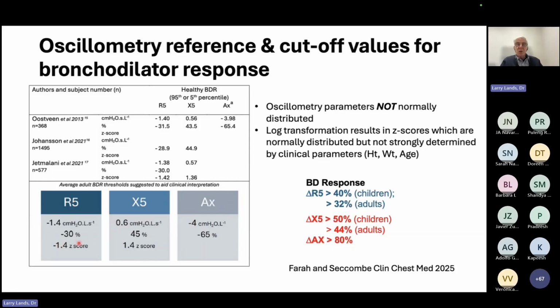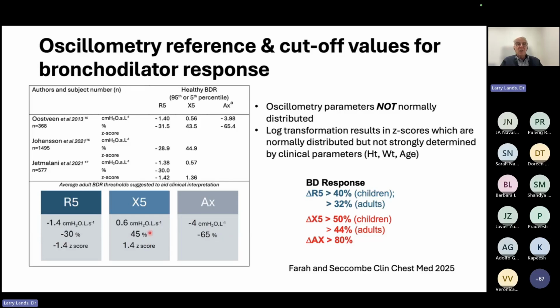It would be a 30% drop in the R5, a 45% further decrease in the X5, and the area under the reactance curve increasing or decreasing by 65%.